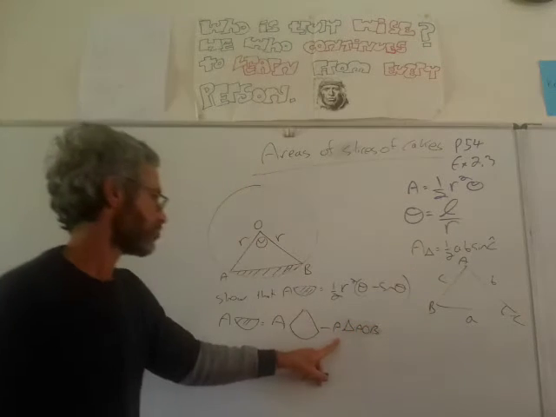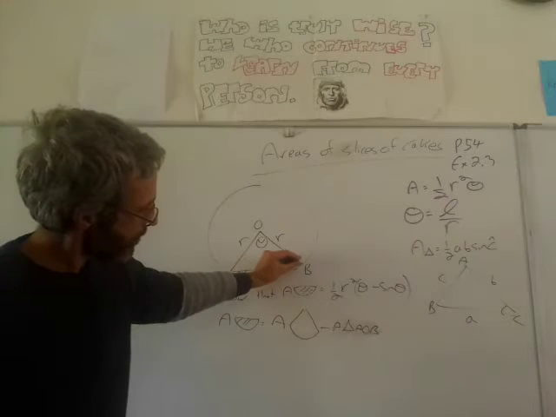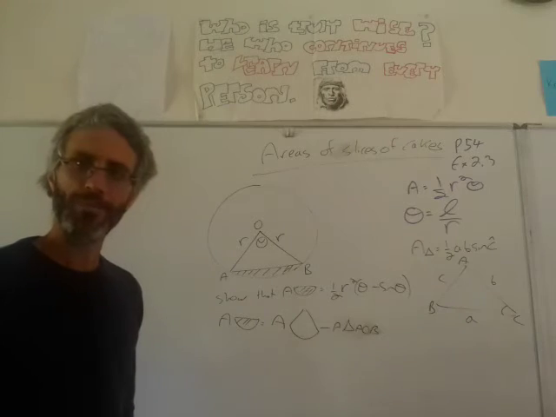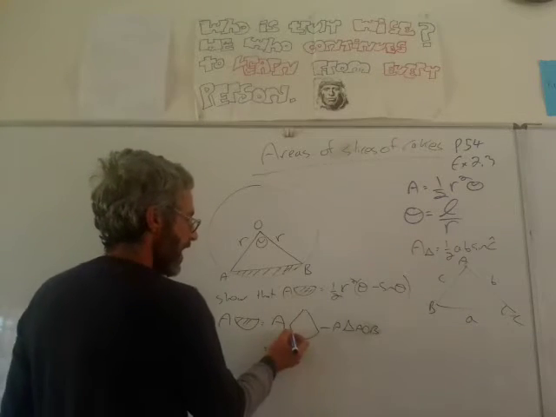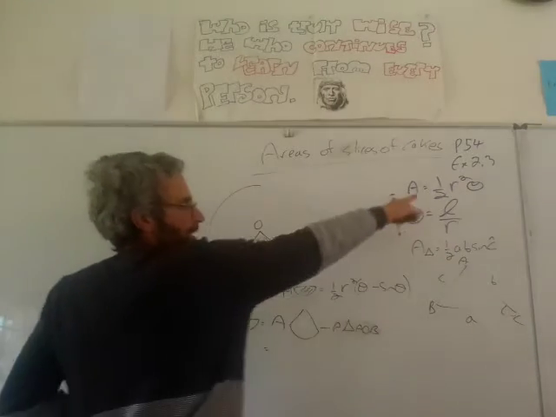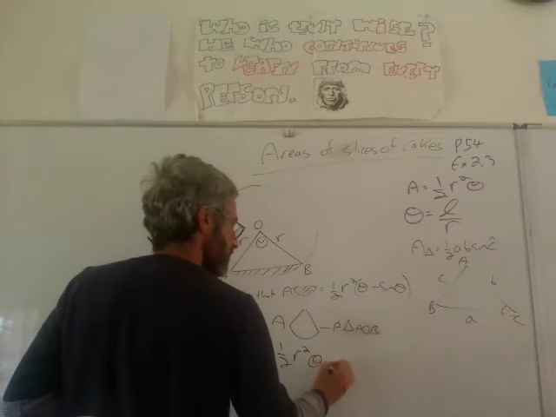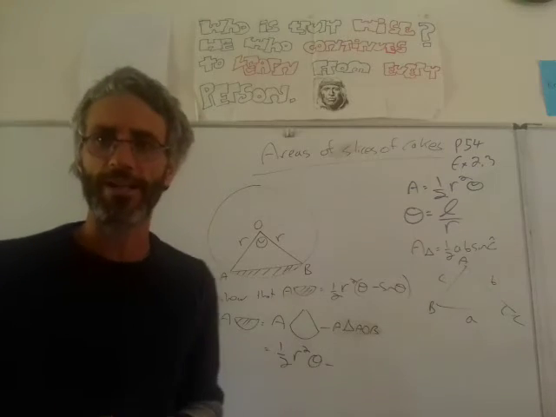Hope you understand what I'm drawing here. So the area of the watermelon slice is the area of the whole cake slice minus a triangle. And the area of this cake slice, I know, is simply half r squared theta. So I just need to find out the area of the triangle.